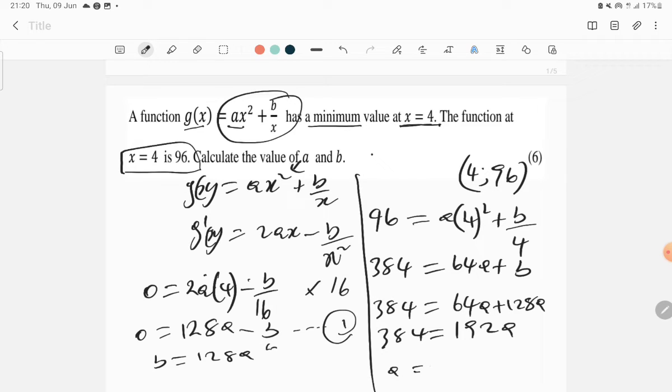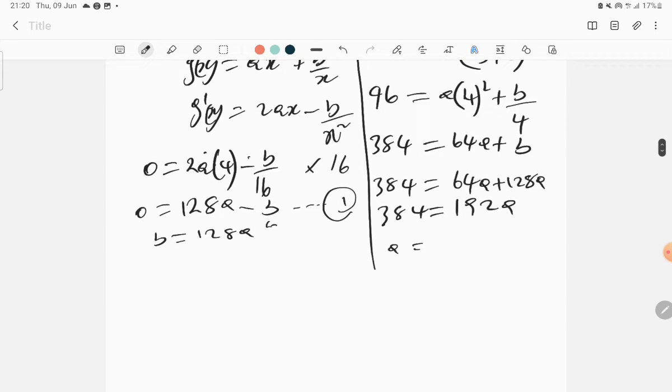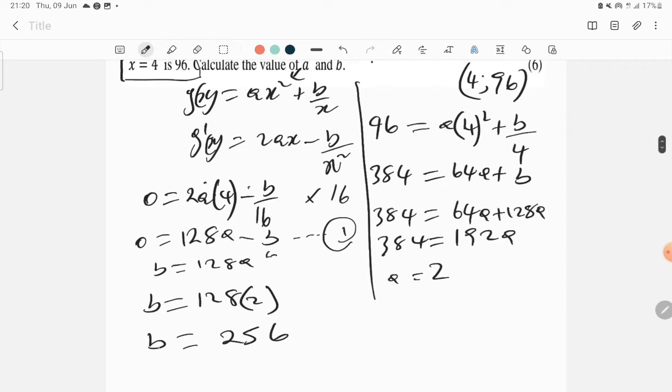Then our a becomes 384 divided by 192, so a becomes just 2. Then coming back to b, in the place of a we put 2, then we have 128 times 2, and the answer becomes b is equal to 256. So we have figured out that b is 256 when a is equal to 2.